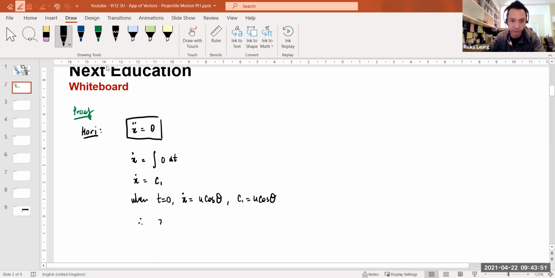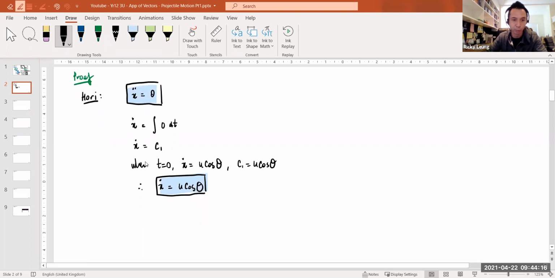Therefore, velocity horizontally equals u cos theta. Pretty easy, right? And please note that for everything here, if I have u, the initial velocity, and I have the angle that I project at, I can get that value, right? So 1 down, 2 down, I've got 4 more to go, 1 more horizontal.